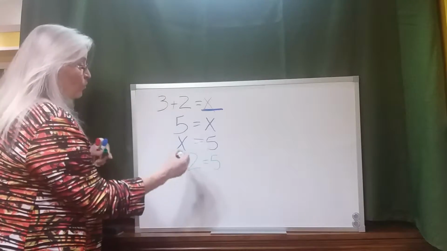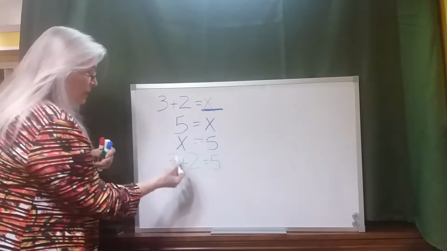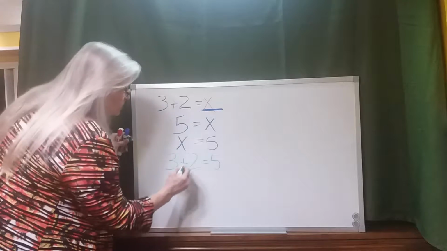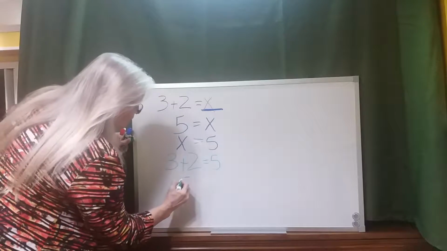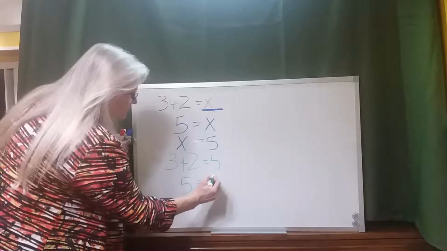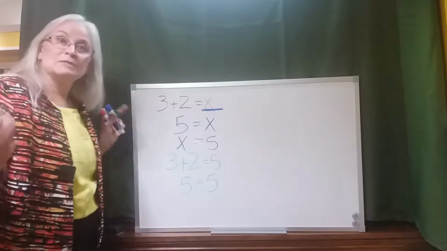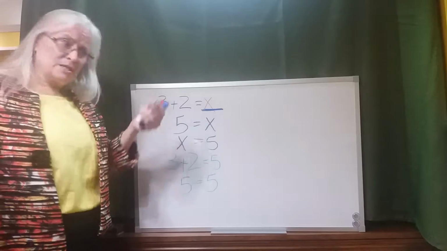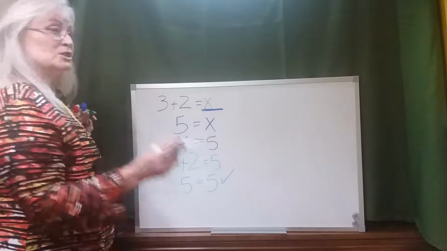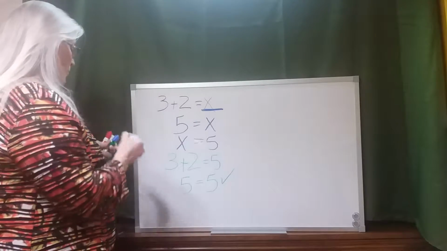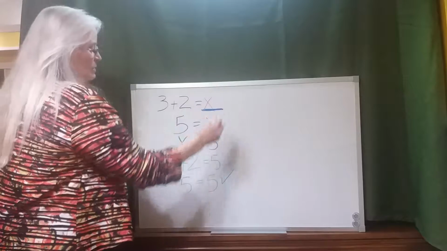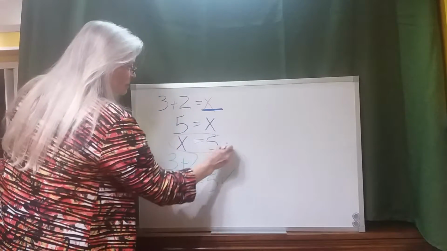This has to be one answer. It can't have a plus sign in there. So 3 plus 2 equals 5. Bring down your equal. 5 is here. Now, does 5 equal 5? Of course it does. We now have a true equation, and we solved our algebra problem, and we found out that this x up here equals 5.